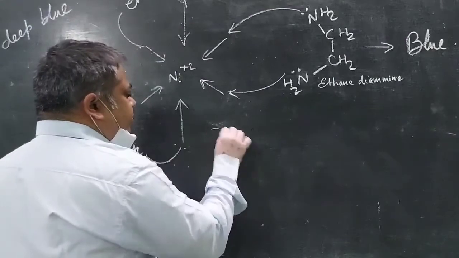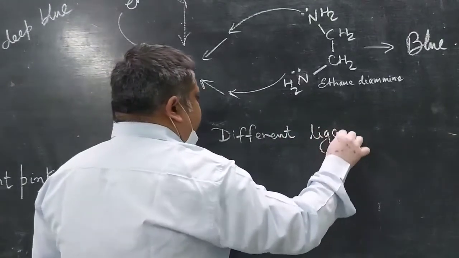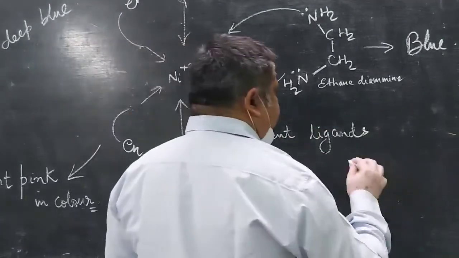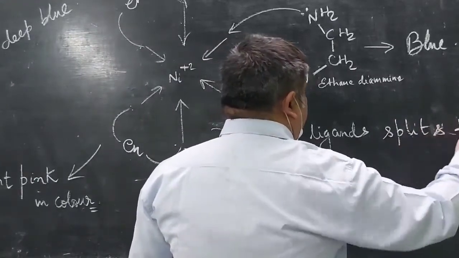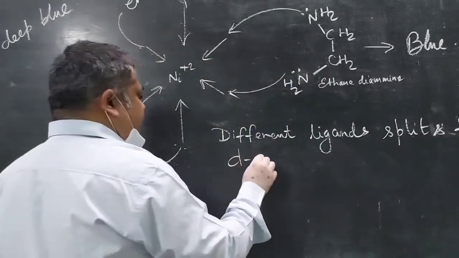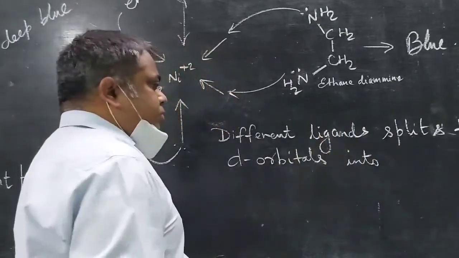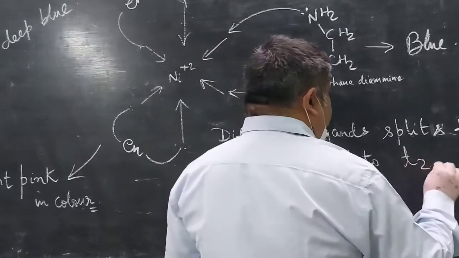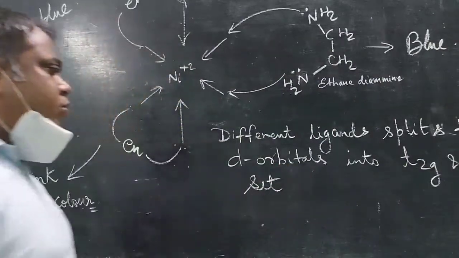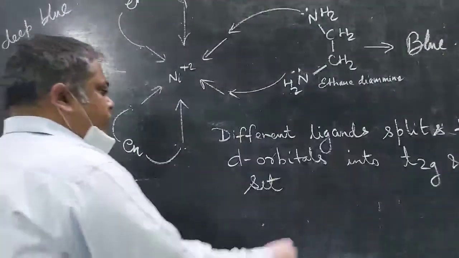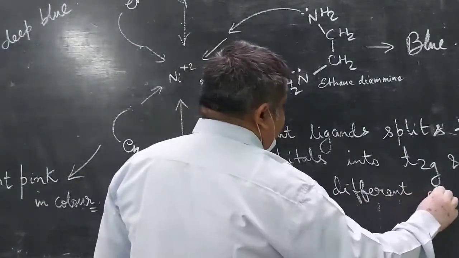This shows that different ligands split the d orbitals into T2G and EG sets to different extent.